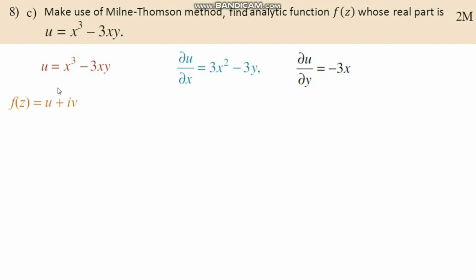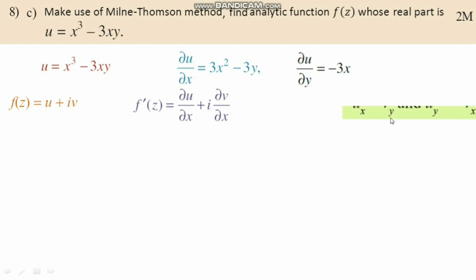So f of z equals u plus iv is to be constructed. Take differentiation of this function partially with respect to x. f dash of z equals ∂u/∂x plus i times ∂v/∂x. But we know ∂u/∂x and ∂u/∂y, but ∂v/∂x is unknown.